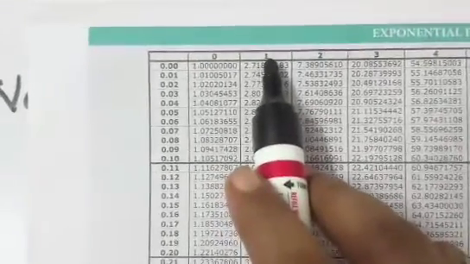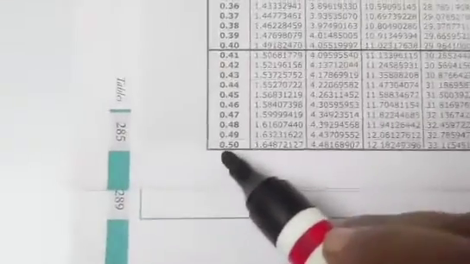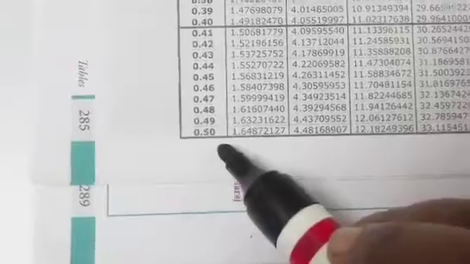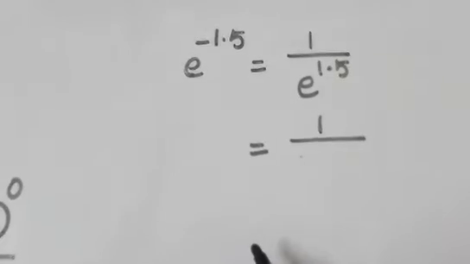So 1.5 we need. Okay, so here you get 1 and 0.5, here you will have your 0.5. You can see 0.5, 0 is there. So 1.5 means your 1 is here, straight down, and your 0.5, this value you will have to take. So just take the value from there.